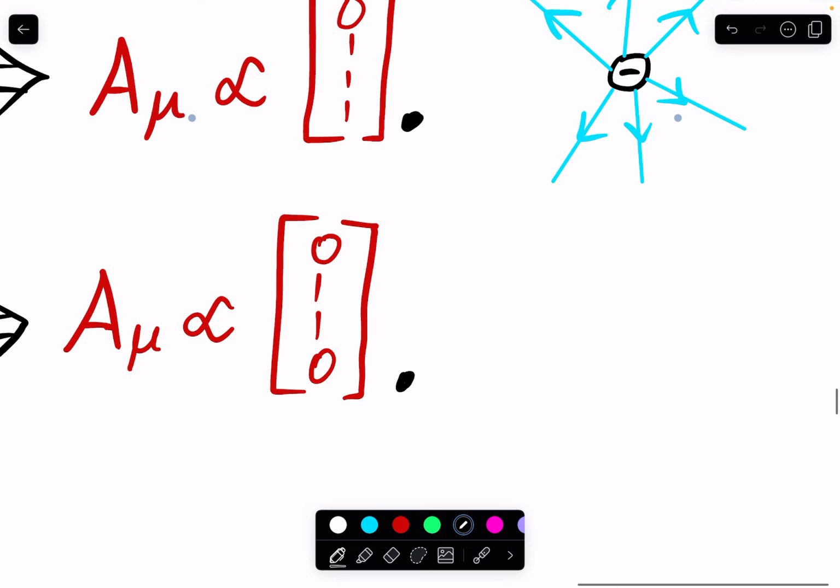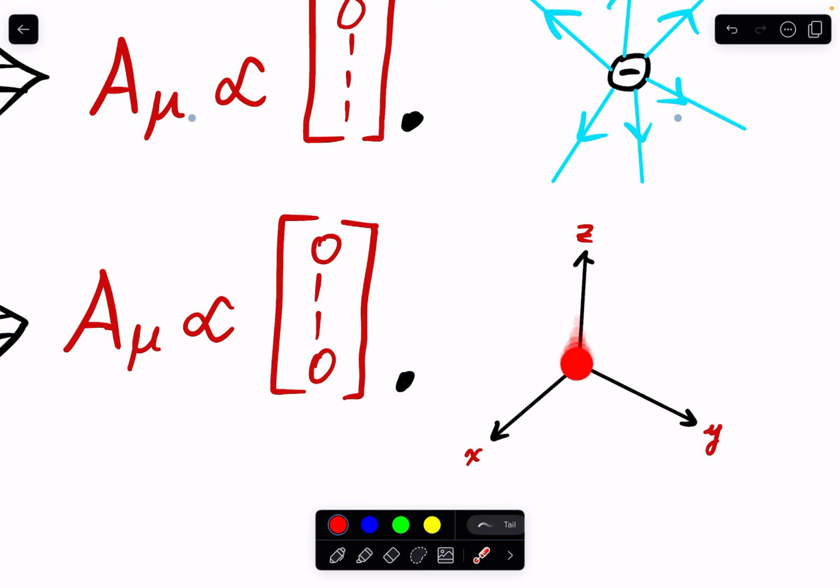And this makes sense because if you have your x, your y, and your z direction, you have something moving at light speed along the z direction, well then it can only propagate to the sides, and so you only get stuff like this.